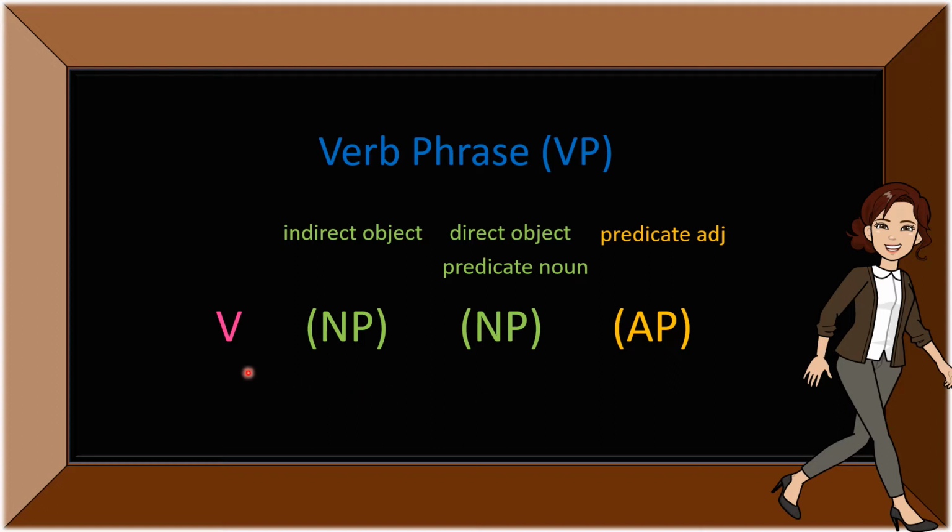We also know some transitive verbs are going to have a direct object and an indirect object. We also know if you have an intensive verb, you might have a predicate noun or a predicate adjective. So we are representing all the possibilities that can happen because of a verb. Since they're possibilities, we're going to put them in parentheses.